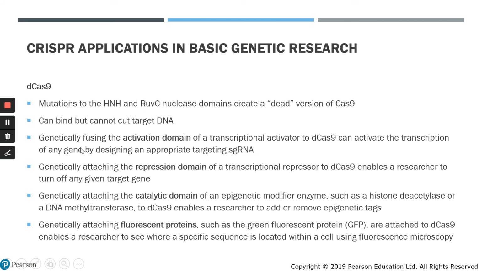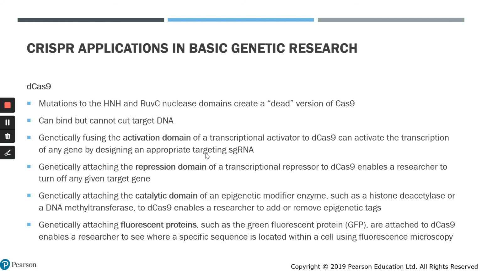This enzyme has been fused to an activation domain, and this results in the activation of transcription of any gene, because now we can fuse the activation domain of a transcriptional activator to dCas9. dCas9 will then bind to the targeted region of DNA, and this would result in activation of that particular gene.